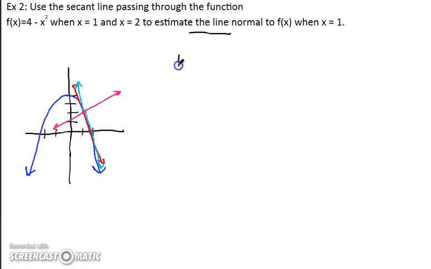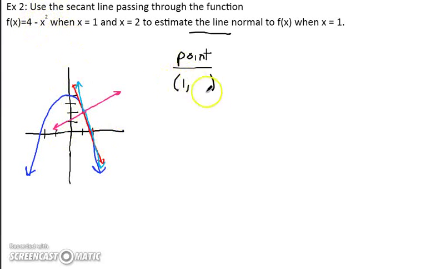So we know a point is going to be 1 comma something. Right? They're telling us we want the normal line that goes through this point here. So all we're going to need to do, we know that this normal line is going to intersect the function at that point. So we plug 1 in here.